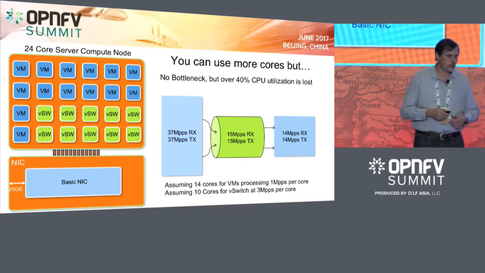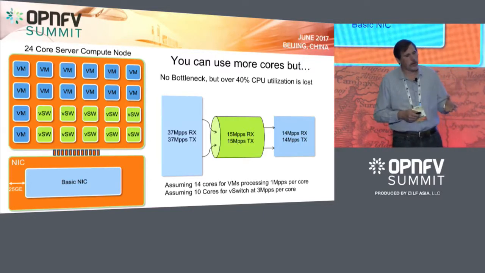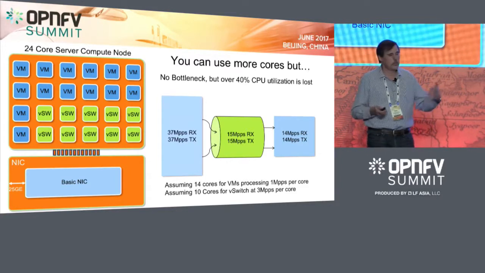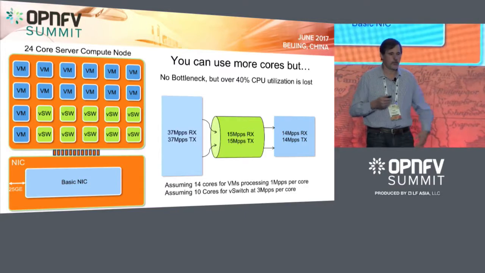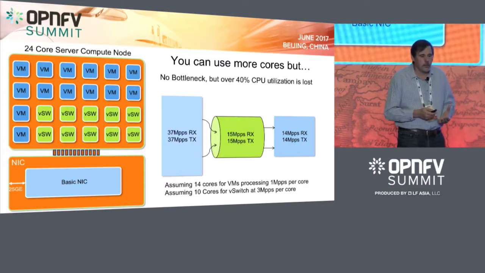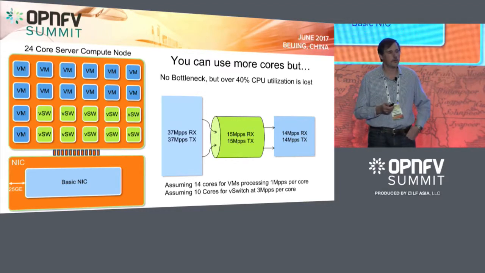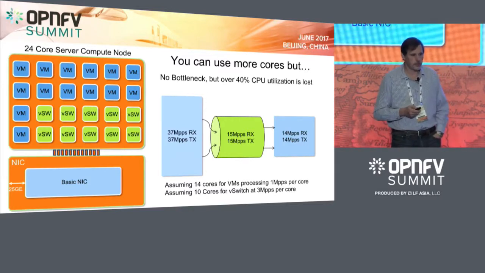But in this scenario, you need 10 virtual switching cores compared to 14 VNF cores to get that kind of matching. So you've now effectively dedicated over 40% of your CPU to the virtual switch processing. That's also not a good utilization of the infrastructure resources in the data center.